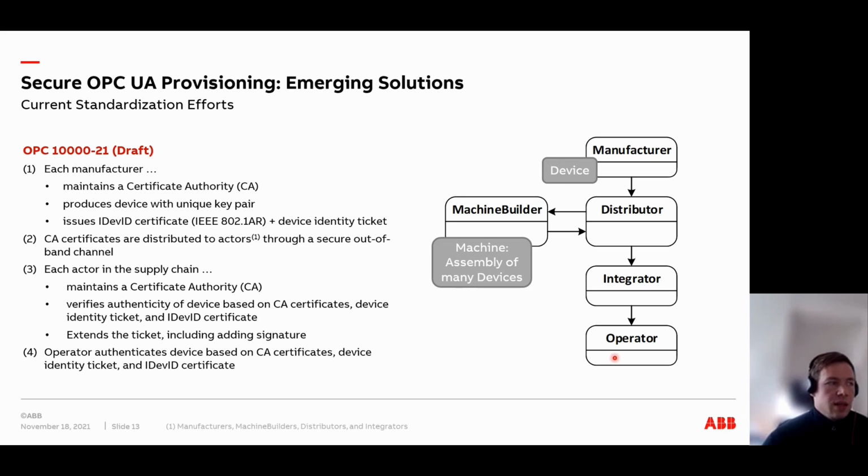In detail, each manufacturer has its own certificate authority and produces devices with a unique key pair, and then issues for that device a so-called IDevID certificate based on the IEEE 802.1AR standard. It's basically like a birth certificate that is valid throughout the entire lifetime of that device.